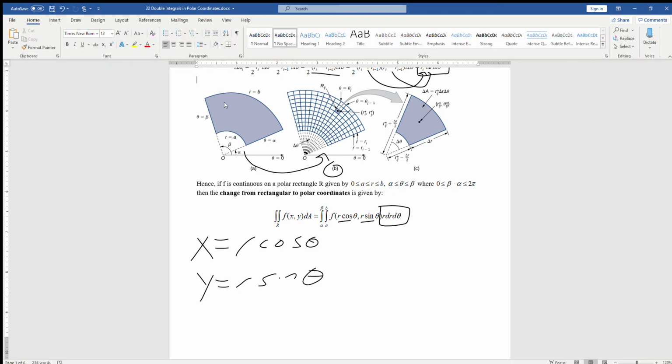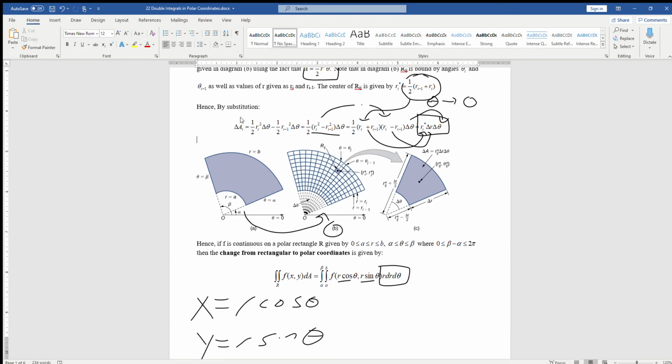That's the multiplier, a result of all this algebra up here. r dr d theta is really that r sub i asterisk, which is the average of the radii, times delta r, the difference between the radii r sub i minus r sub i minus 1, and then the difference in the angles, delta theta, is going to be d theta.